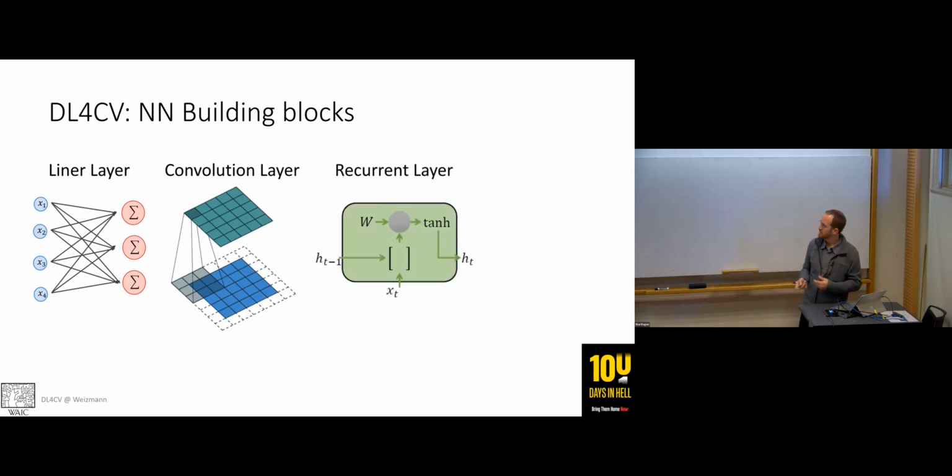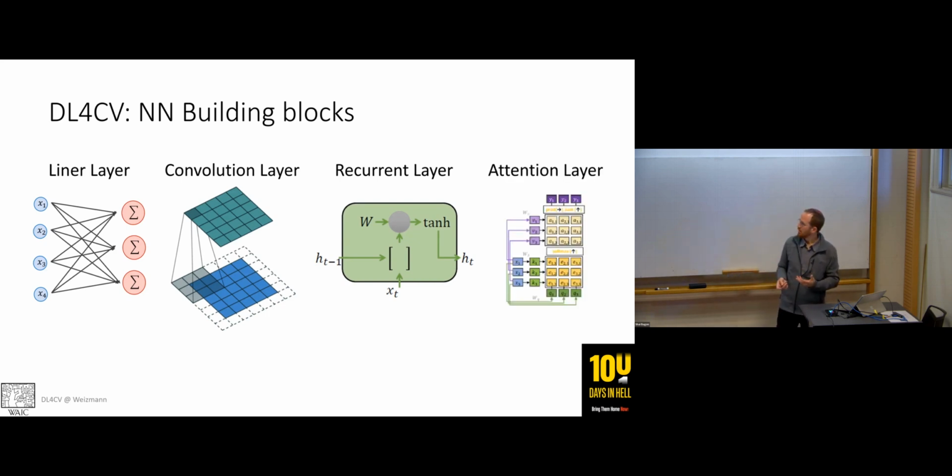For sequences, we saw the recurrent block that takes advantage of the temporal dimension and the temporal change in a sequence. And finally, in the last two lessons, we saw the attention layer that proved very beneficial in processing sequences, but also for processing images once we convert them into sequences in the right manner.